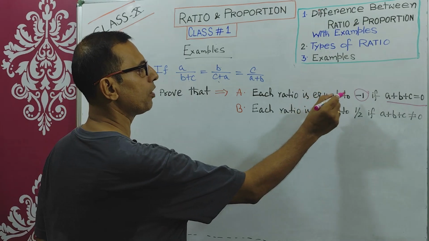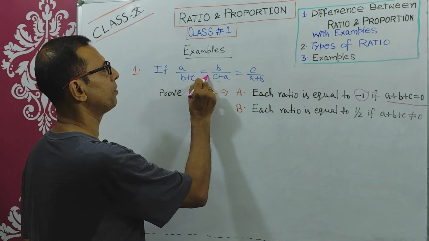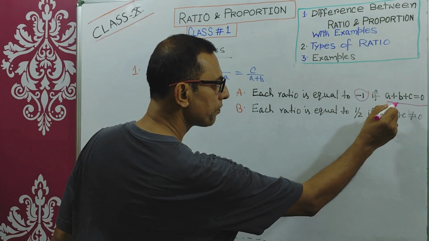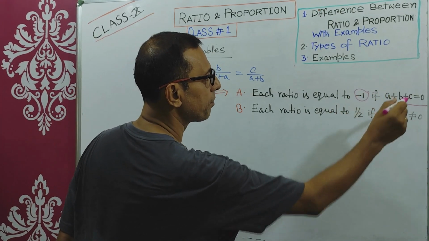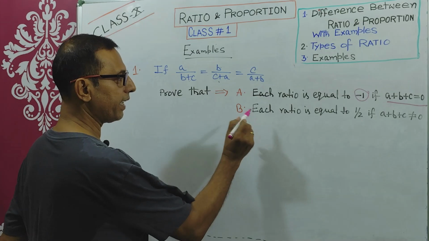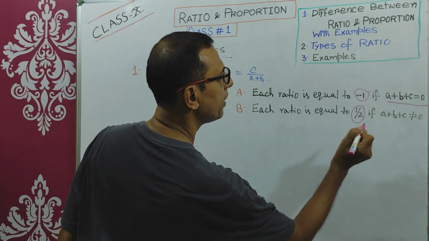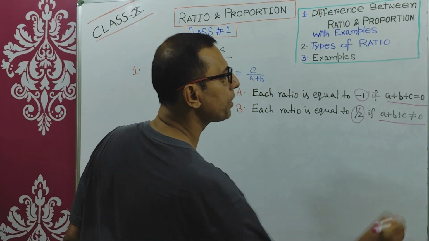Each ratio is equal to, that means a by b plus c equals b by c plus a equals c by a plus b equals -1 if another condition is given, a plus b plus c equals 0. Second one is each ratio is equal to half if a plus b plus c not equals to 0.